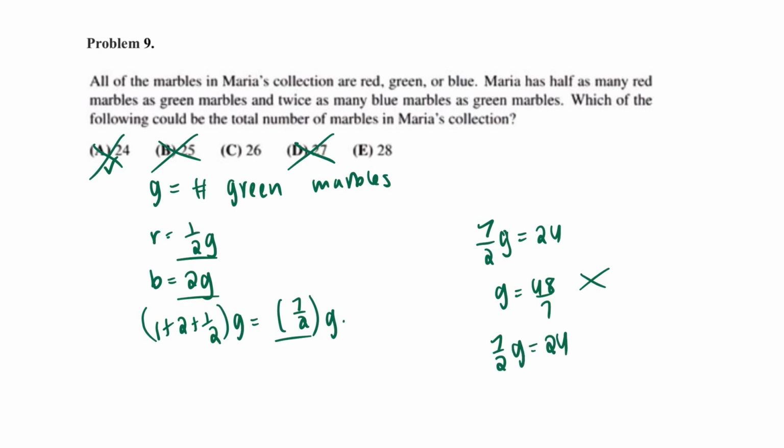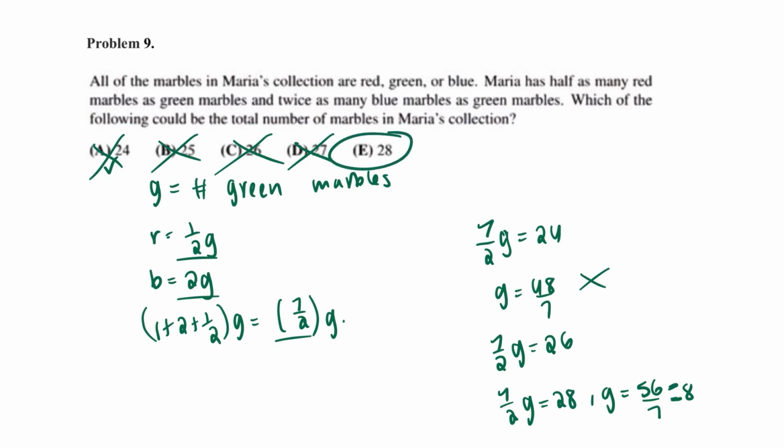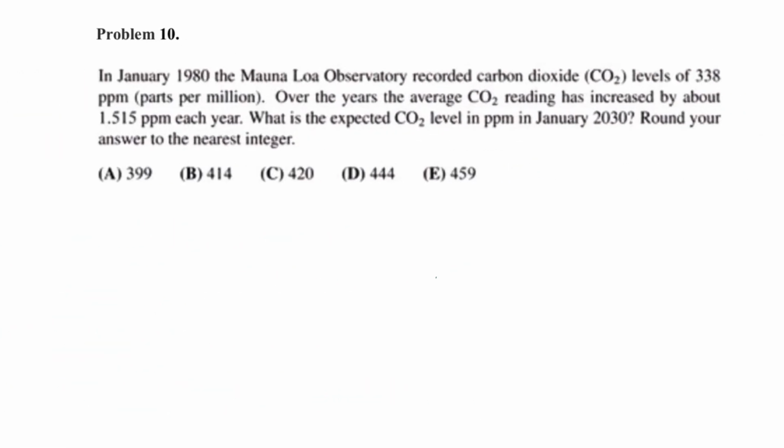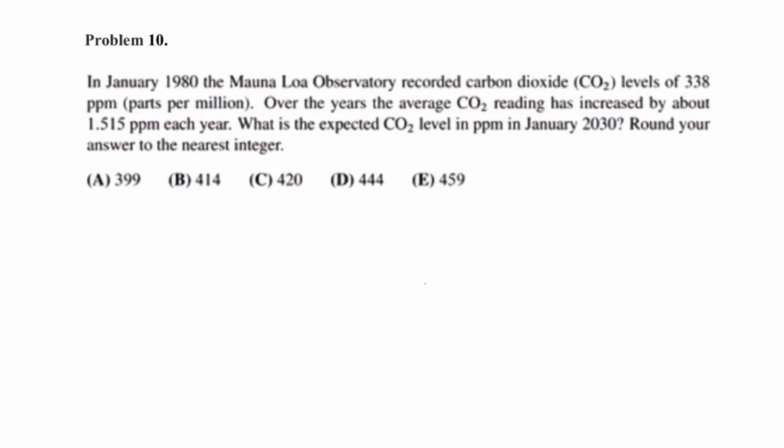Similarly, we can solve 7/2 G equals 26, but this is not possible either. We can set 7/2 G equals 28, so we get G equals 56/7, which equals 8, which is possible. Therefore, our answer is E, 28.